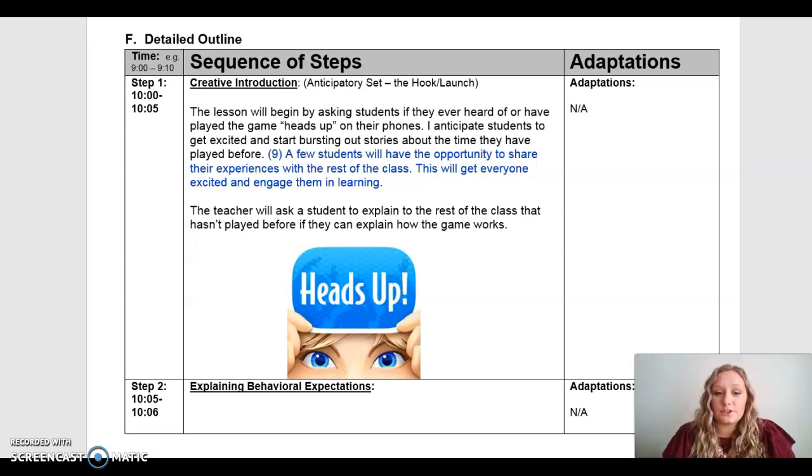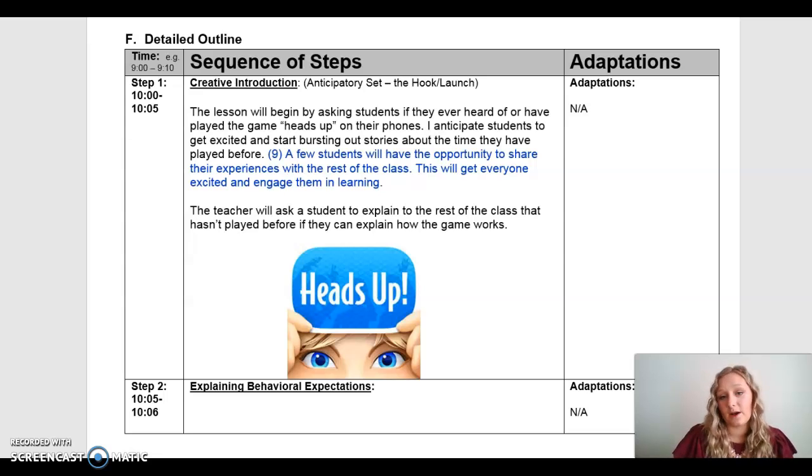So in my creative introduction, I did include number 9, which models the strategy and engages students in learning. So here I'm modeling for students the Heads Up game, and I talk about where I would give students opportunities to share their experiences with the rest of the class. That way this gets everyone engaged in the learning.